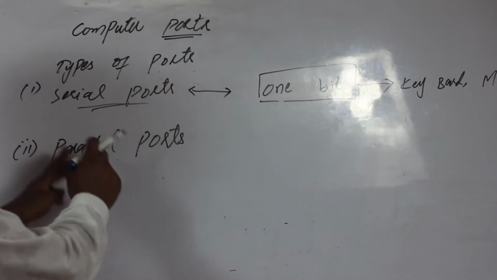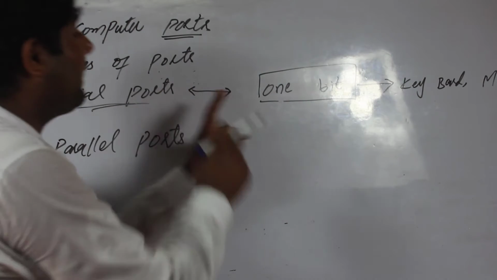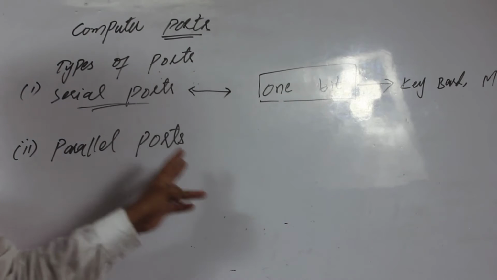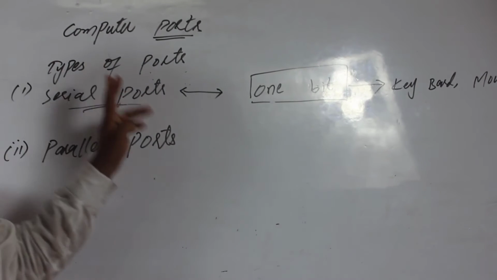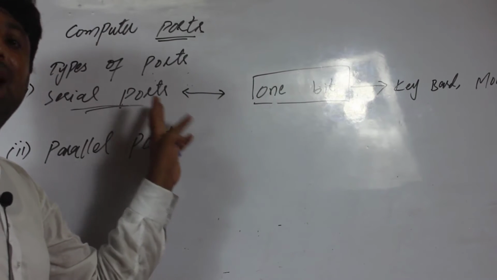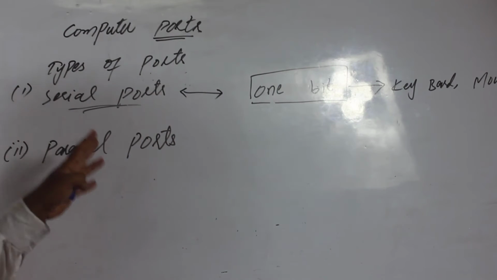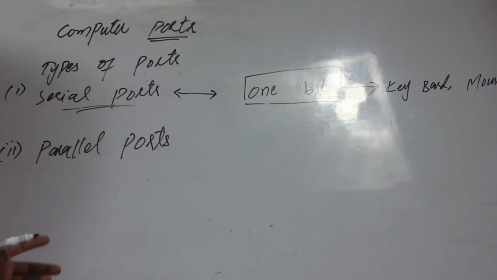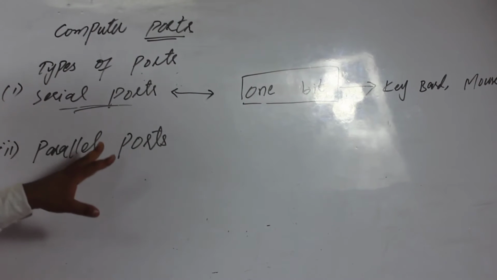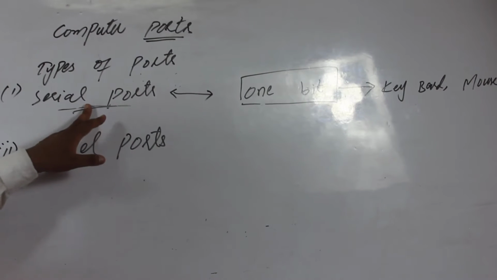The working of parallel ports is much better than serial ports, and the speed of parallel ports is much greater than serial ports. We can say that parallel ports are superior to serial ports.